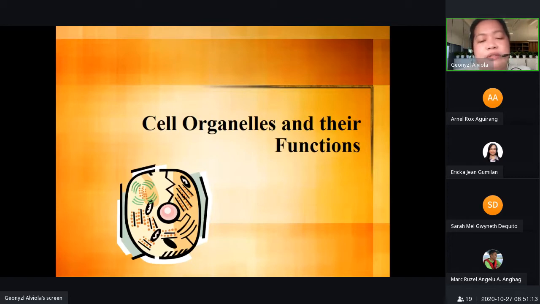Then if these organ systems are cooperating and communicating with each other to arrive at all functions for the organism to function well, then that's already an organism. So that is the hierarchy or level of organization in the organismic level.